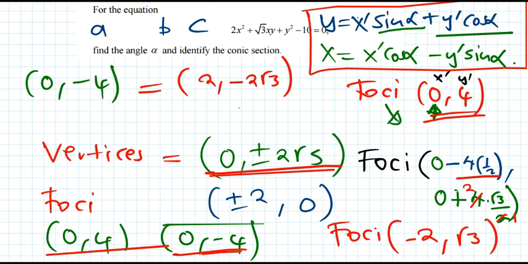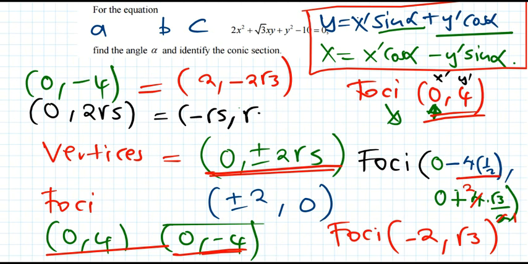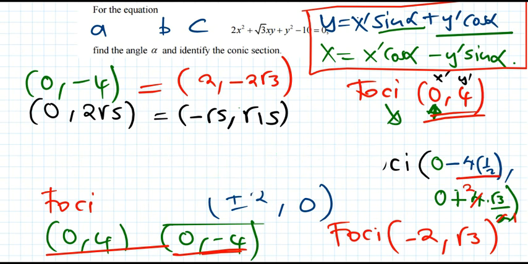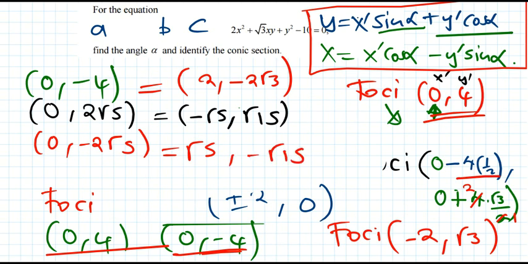And then for the vertices, if you convert the first one, which is 0, 2 root 5, positive part is going to be negative root of 5, root of 15. Then you get the negative 1, 0, negative 2 root of 5. It's going to be root of 5, negative root of 15.